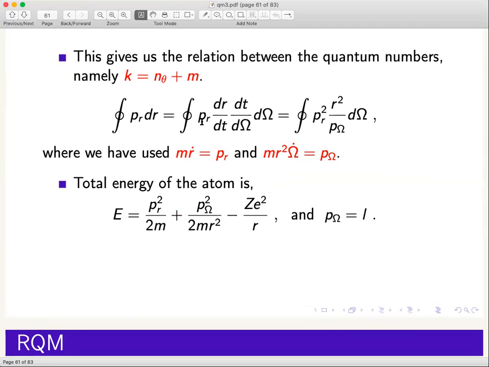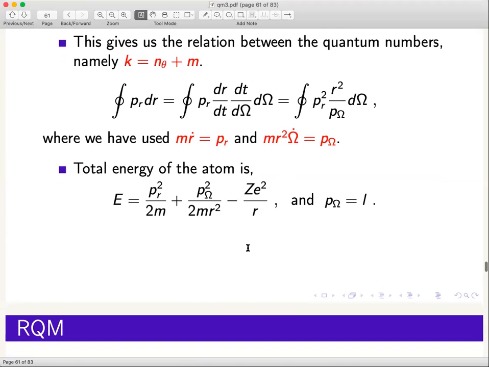So that gives you PR squared by m. But then omega dot is 1 over m r squared times p omega. Therefore, since omega dot is in the denominator, the mass term cancels out and you get this factor. So we get this relation, and what we want to do is to utilize these kinds of relations to replace PR squared and try to write down this expression in simpler form.